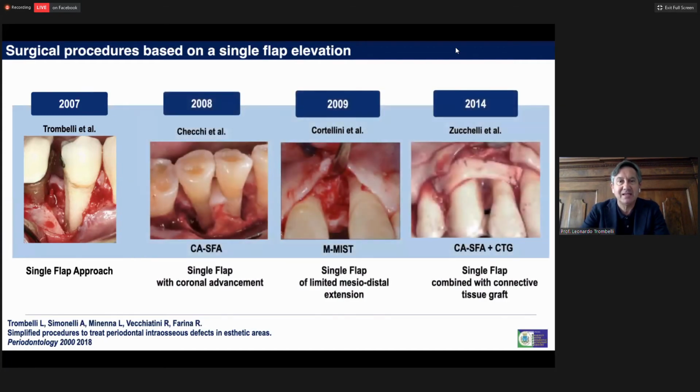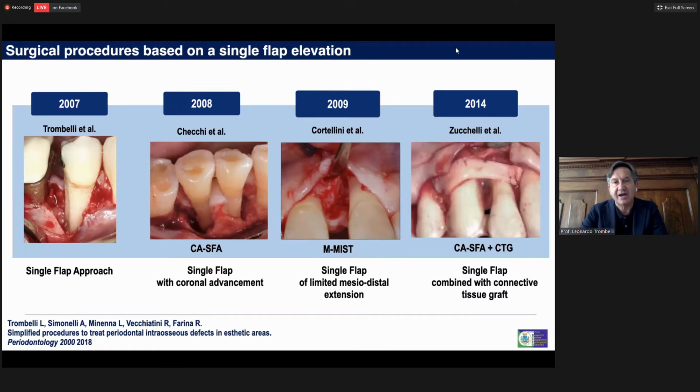And you see that along the way, in 2008, 2009, up to 2012, there was an improvement in the way other talented clinicians approached the same type of biological and clinical principle. Keck in 2008 introduced the coronally advanced single flap approach in order to move the flap slightly coronally and not to replace it back at its original position.